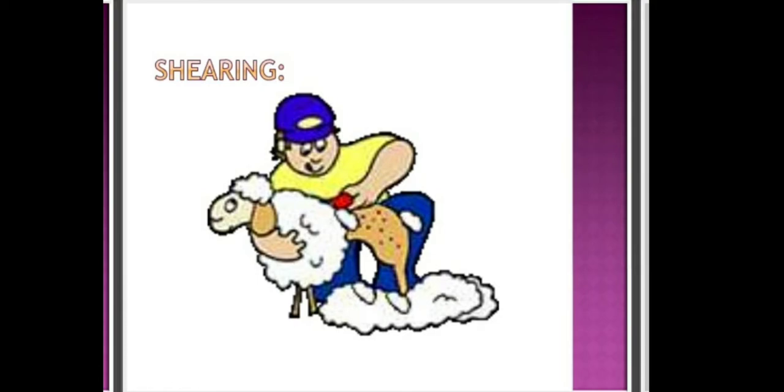Shearing means removal of fleece, along with a thin layer of skin from the body. What? We are removing a thin layer of skin? Is it going to harm or pain the sheep? Answer is no, because it is made up of dead cells.